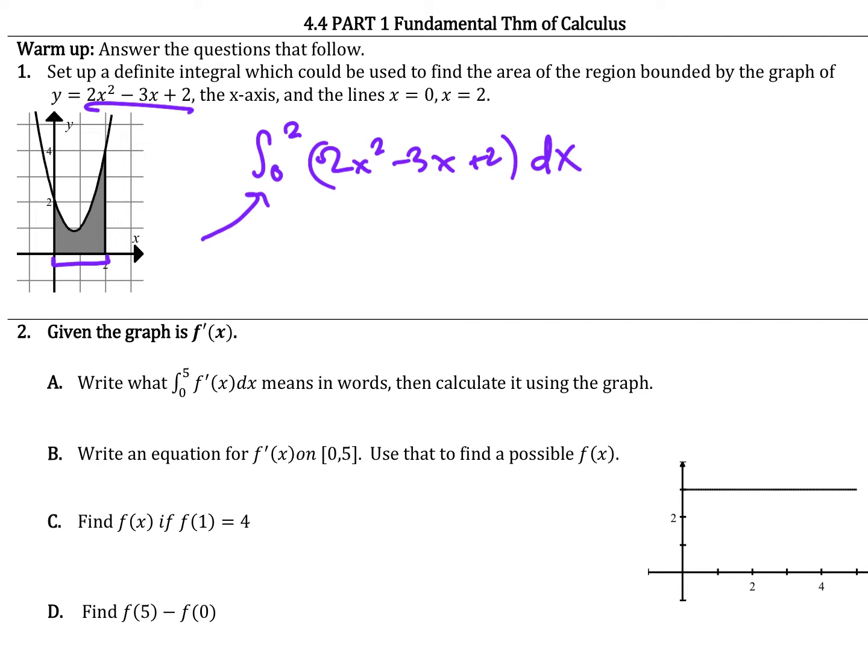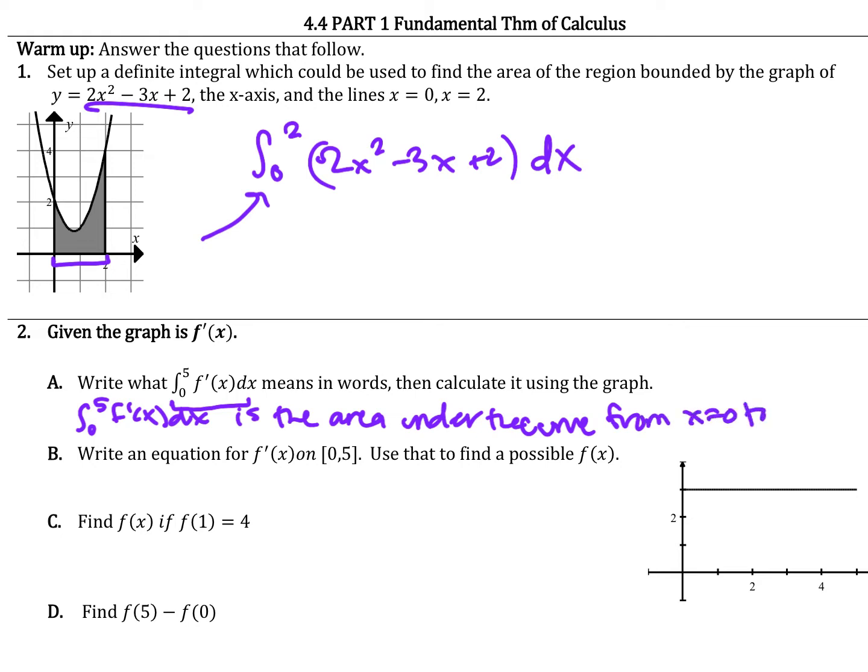For question 2, the first thing we're asked is write what the integral from 0 to 5 of f prime of x dx means in words. So let's go ahead and do that. This integral from 0 to 5 of f prime of x dx is the area under the curve from x equals 0 to x equals 5.